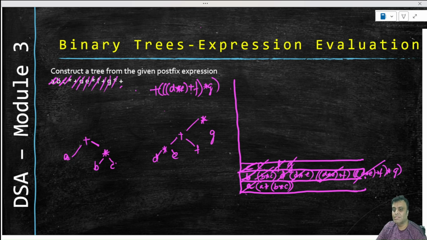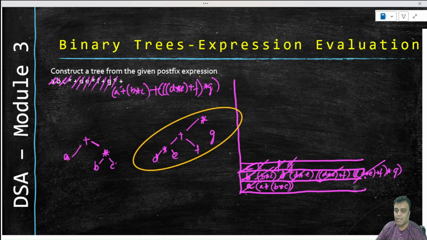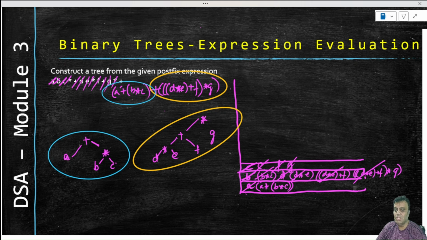Right, so that is the right side, and my left side is A plus B star C. So as you can see, this particular thing is my right operand, and this particular thing is my left operand. So we need to integrate them using this operator, which is plus.